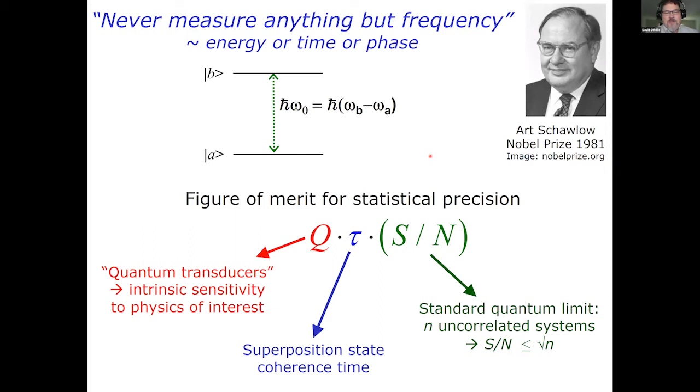And the figure of merit for precision on these, everyone in atomic physics is familiar with. There's some quality factor that tells you how sensitive your system is to what you're trying to measure. So it's good to choose a system with a high sensitivity. But in addition, you want a long coherence time of the superposition state that you use in the clock-like measurement, and a good signal to noise, which of course the standard quantum limit of signal to noise for n uncorrelated systems is the square root of n.